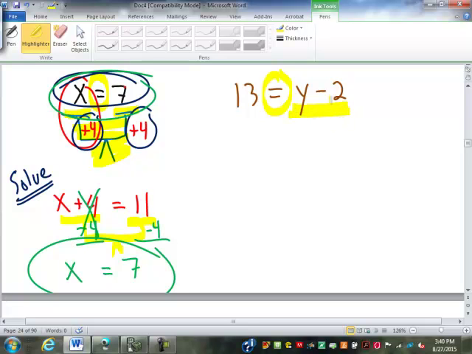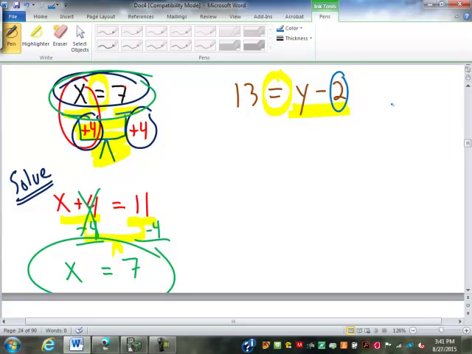Once we've done that, we're looking just at that side of the equation with the variable on it. Over there, what is keeping my variable, in this case the y, from being by itself? A 2. And what operation is attaching that 2 to it? It is subtraction.